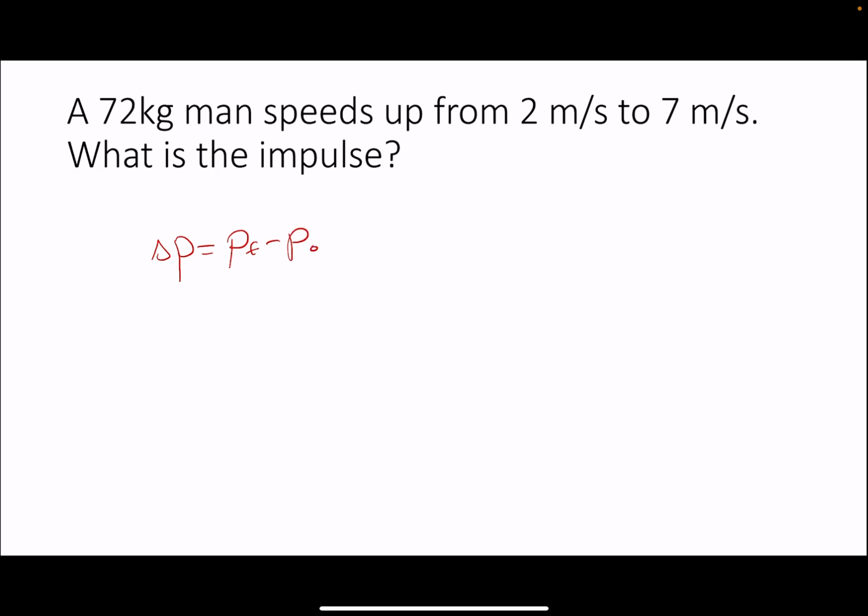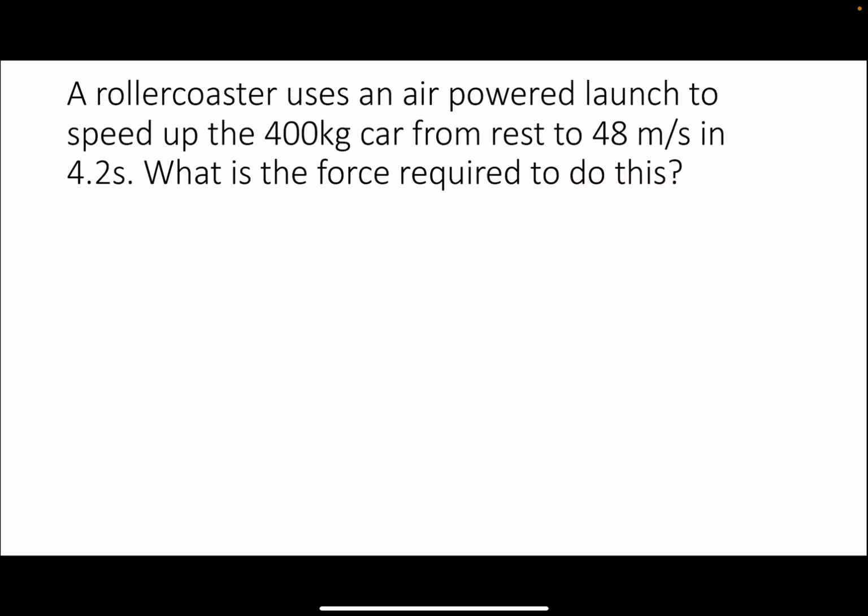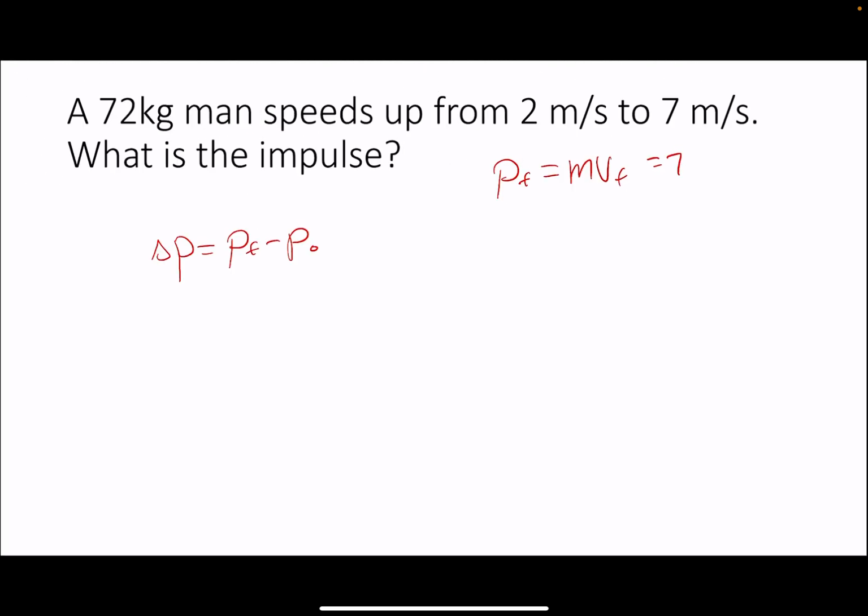So let's plug in what we know. Well, P final is going to be equal to mass times V final, right? That's the definition of momentum. P equals mv. So that means P final is equal to m times V final. So that's equal to 72 times 7, which is equal to 504.